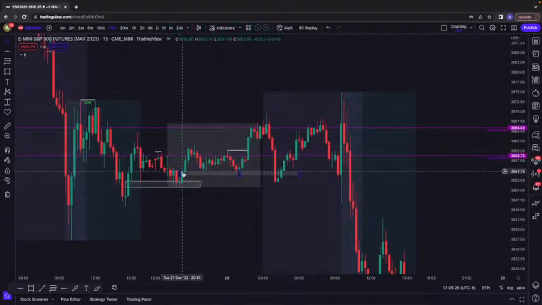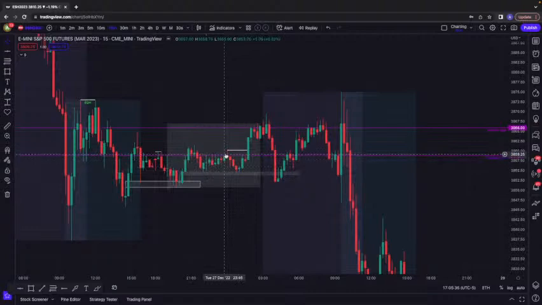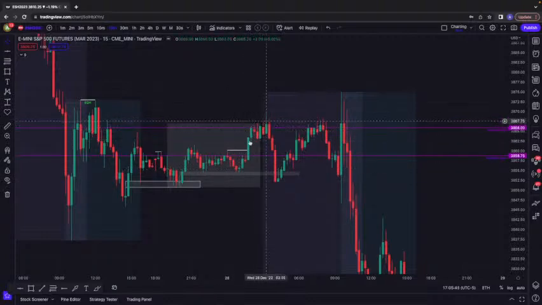That's pretty good. 3 15-minute candles in the Asian session up take out the equal highs, come down here into this fair value gap, up, down, and then we had this huge move out of this fair value gap up here.